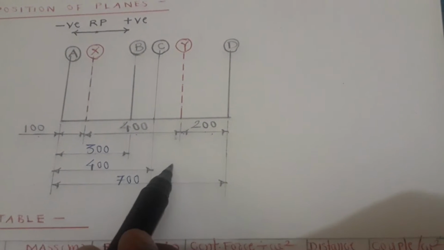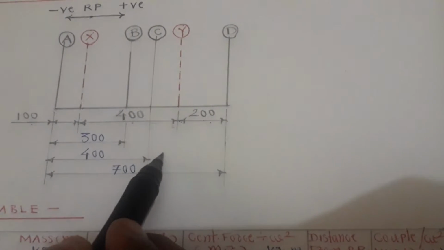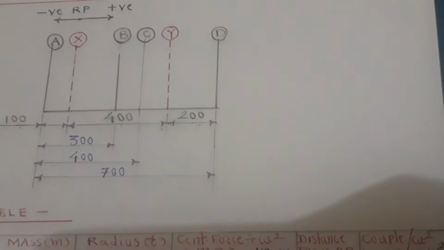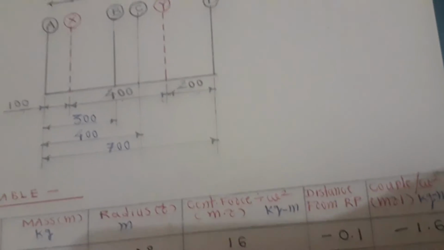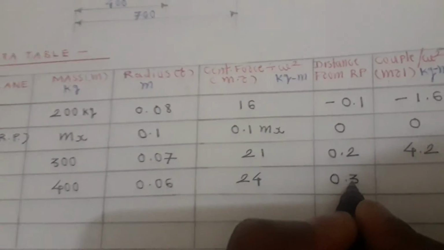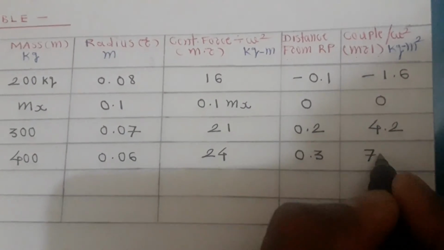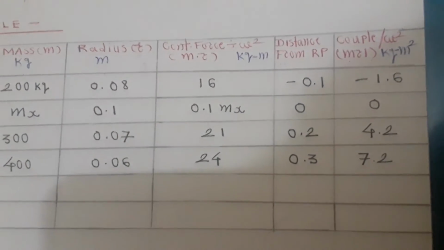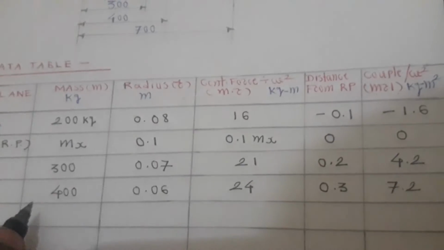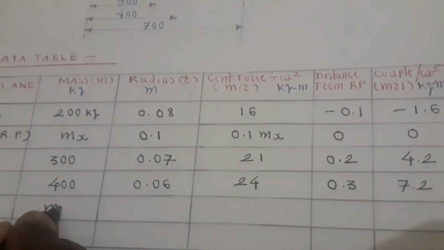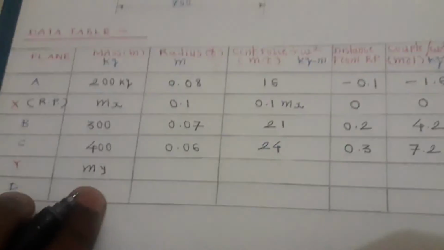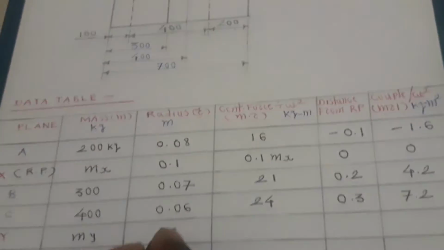It is towards the right hand side from the reference plane, so therefore 300, it means 0.3 meters. So the product of these two we will get 7.2.